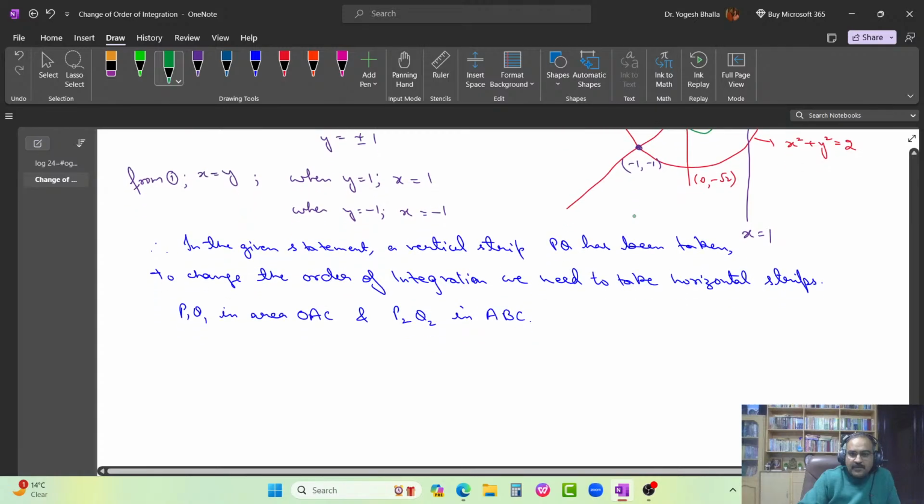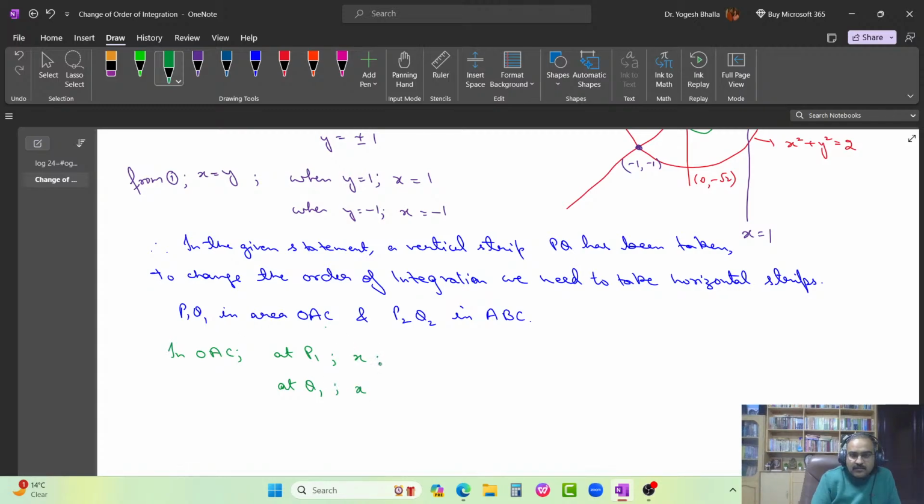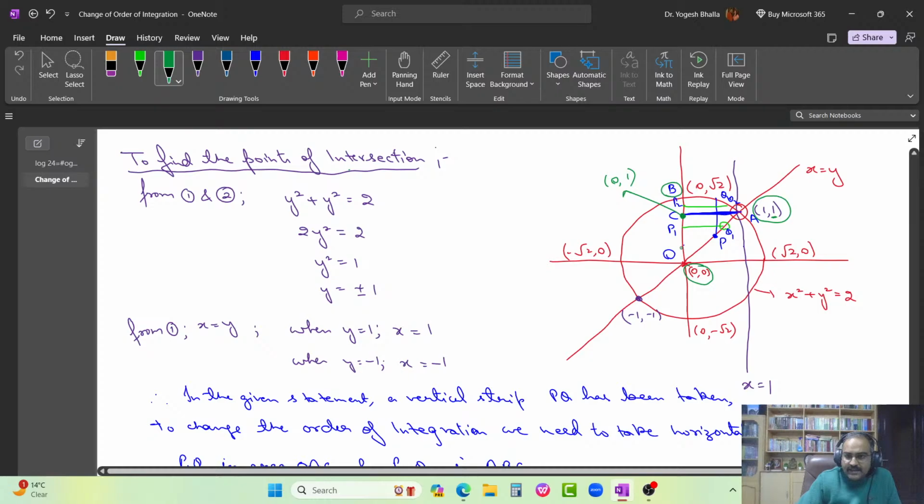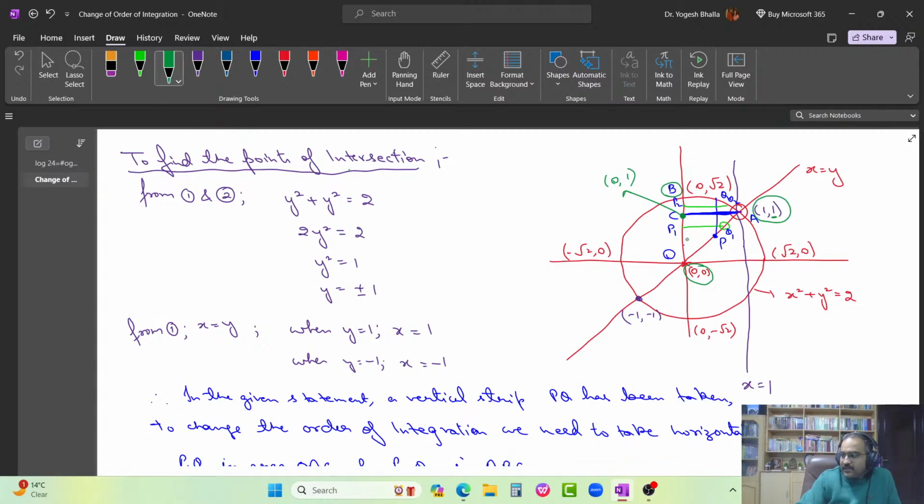Okay. Now in OAC, at P1 and at Q1, since we are taking horizontal strips, the values of x are to be taken. Now what is the value of x at P1? P1 is lying on the y-axis, so the value of x at P1 will be 0.